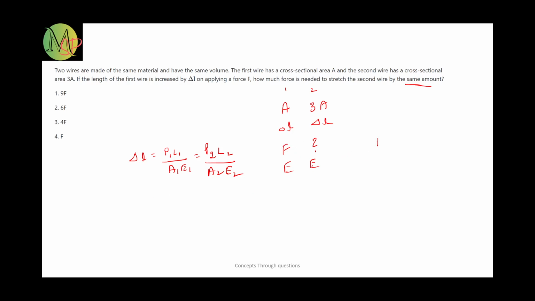Volume of the material is the same means A1 into L1 gives us the volume of the first material and A2 into L2 is for the second. Here the area of the first is A and the second is 3A. So just you can substitute. A L1 equals 3A L2, so L1 equals 3 L2, or L2 equals L1 by 3.